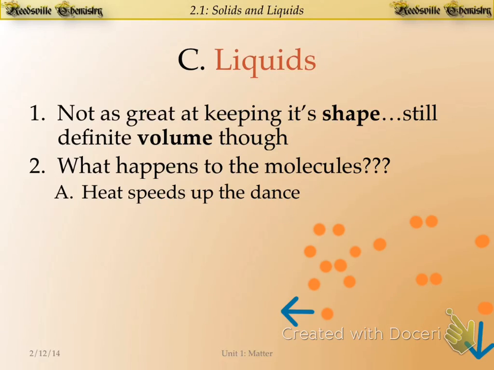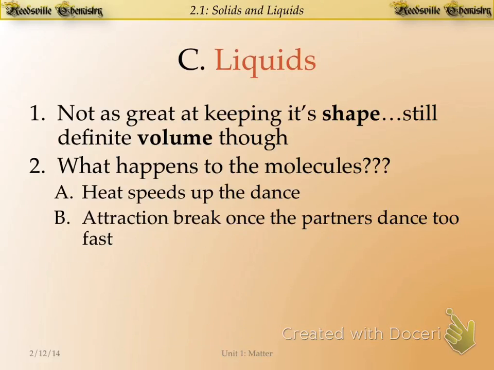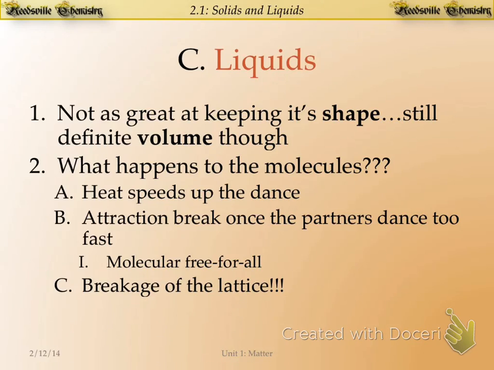And they're going to be moving so fast that their speeds are not going to allow for the molecules to stay in that nice lattice shape. So heat has sped up the dance. The attraction breaks once the partners dance too fast. We can think about this as a molecular free-for-all. Now we've got all the molecules kind of like swimming in the pool in totally random directions. We've broken the lattice.